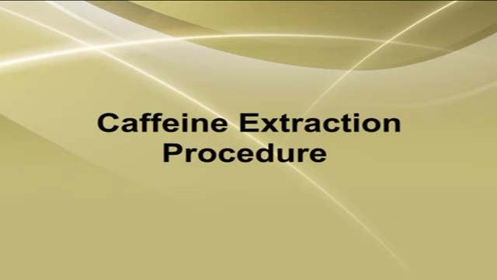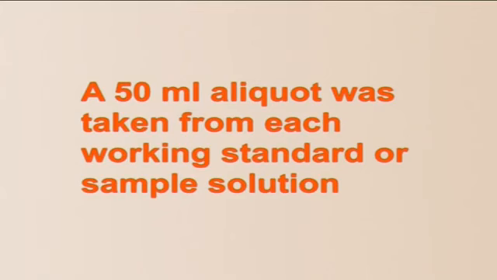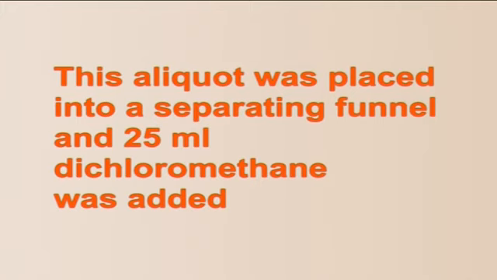Caffeine extraction procedure. A 50 ml portion was taken from each working standard or sample solution. This was placed into a separating funnel and 25 ml dichloromethane was added. The caffeine was extracted by inverting the funnel at least 3 times, venting the funnel after each inversion.